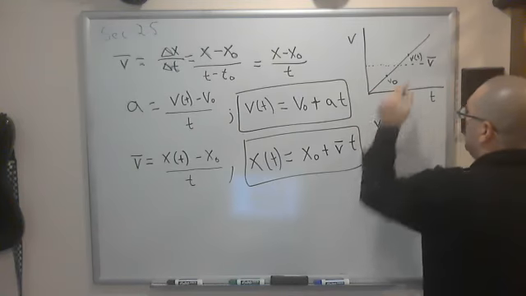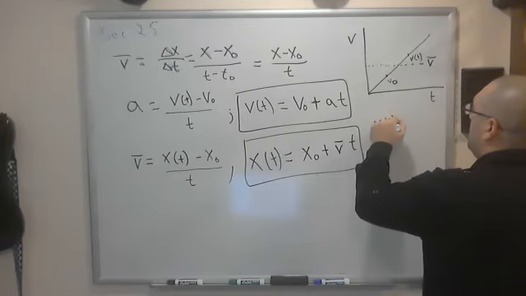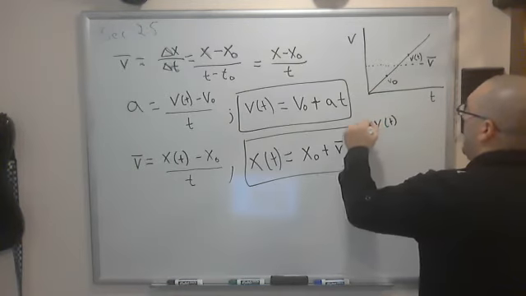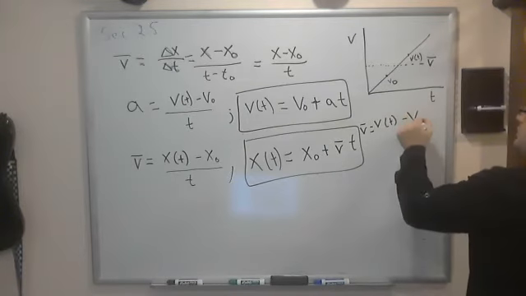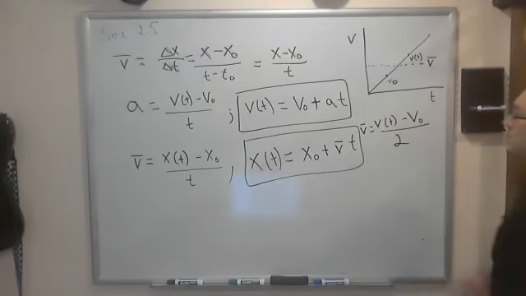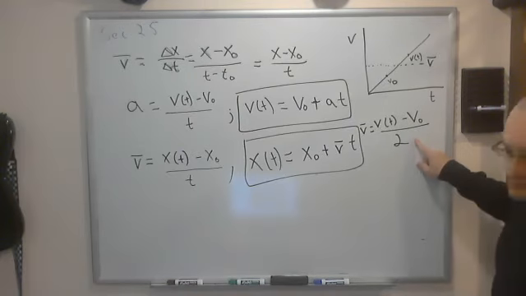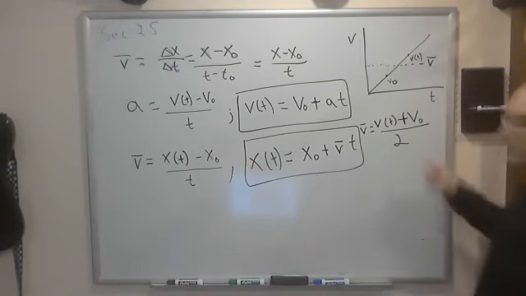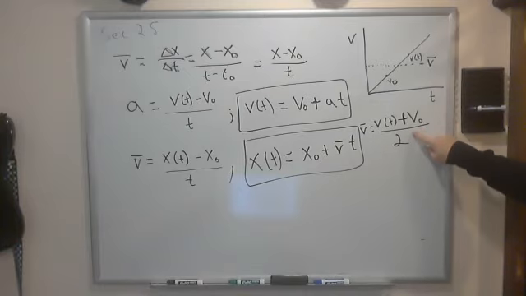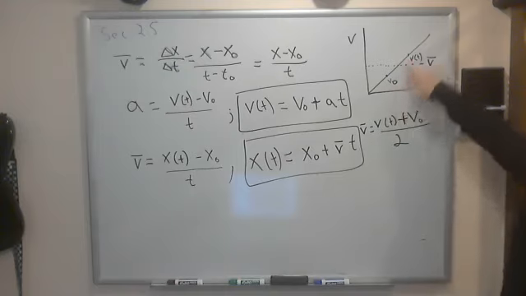In this case, we have 2 points, so we divide by 2. I'm sorry, plus. And we have this. This is the average velocity in between. Does everybody see that?